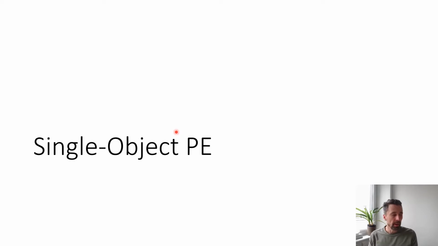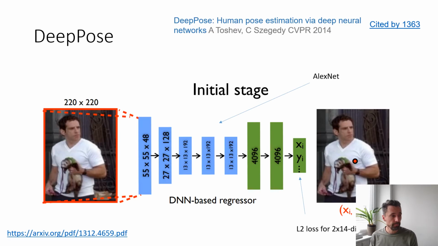Let's start by looking at something that I don't want you to do, which is single object pose estimation, because it shows you how people have been doing it, and which also then creates a problem, and necessitates a solution that we'll then look at, and that will be the focus of today's lecture.